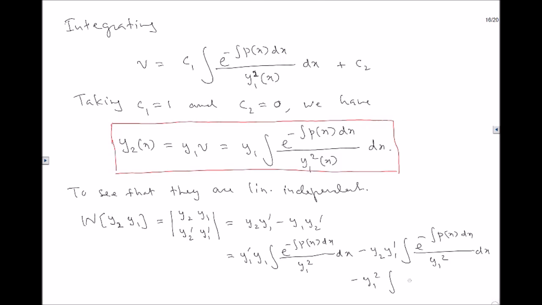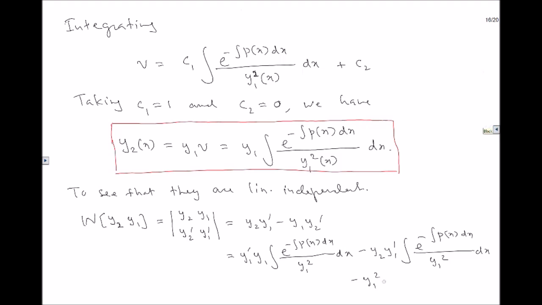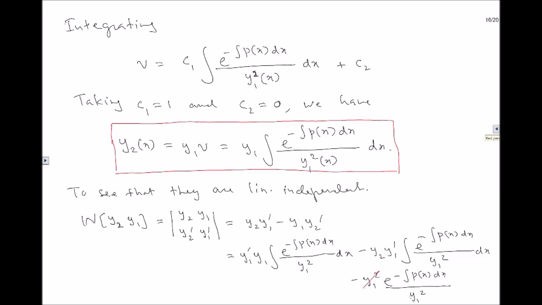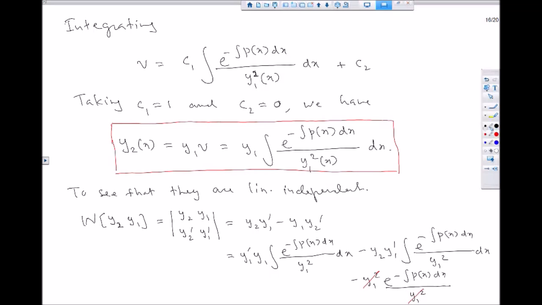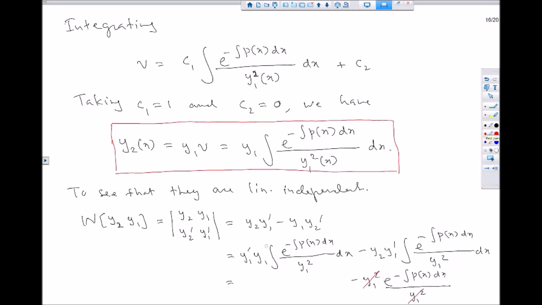That means you get y1 squared times whatever is inside, so it is e to the negative integral of px dx over y1 squared. You can see these two get cancelled out, so you simply get that.